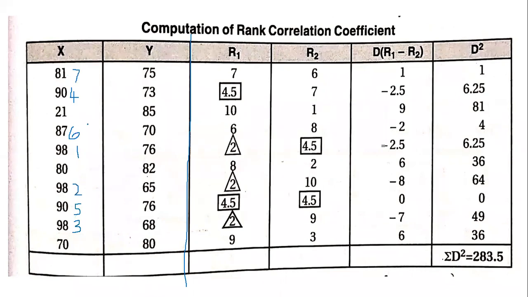After 81, 80, which is eighth rank. Then after 80, it is 70, which is ninth rank. And after 70, 21 is 10th rank. Did you all understand until here? Any doubts until here? Please carefully understand.